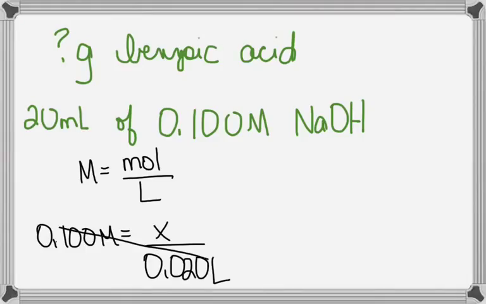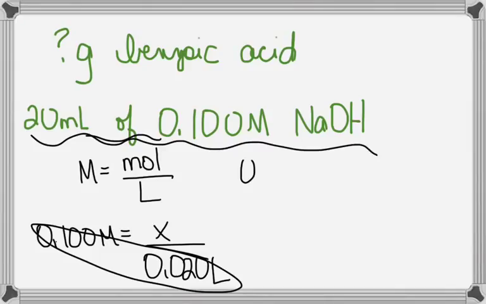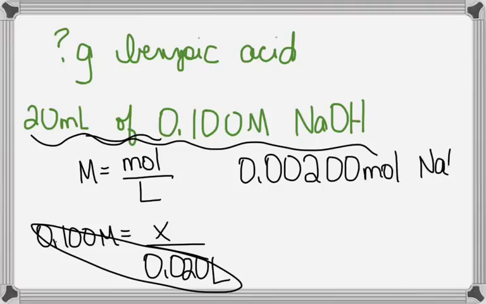We cross multiply, right? 0.1 times 0.02, and we find that what we've got here is 0.00200, etc., moles of NaOH. And you can write that in scientific notation if you'd like. Okay, so that's how much sodium hydroxide we have.